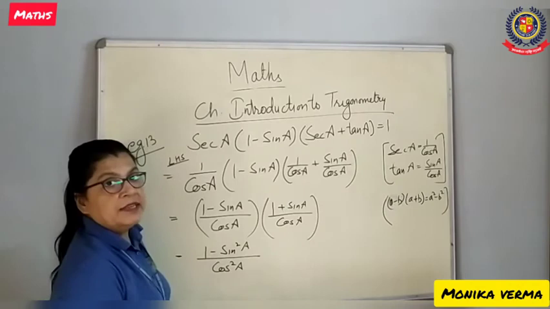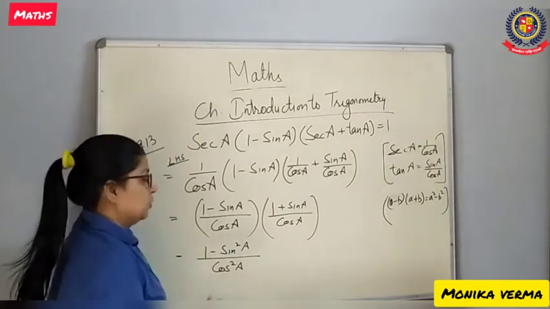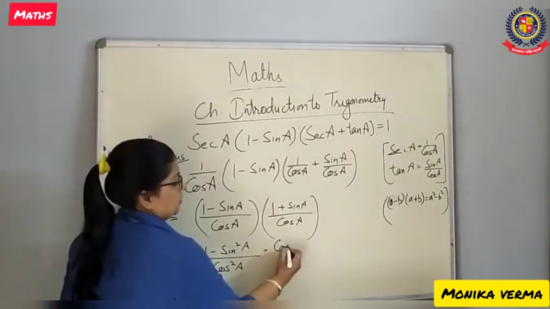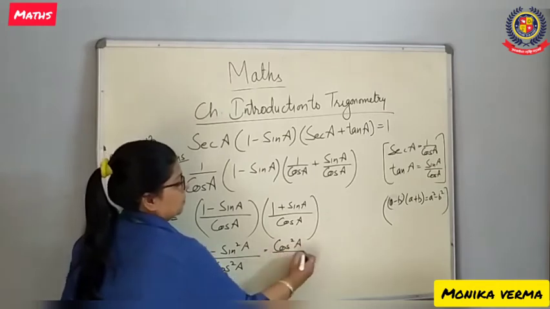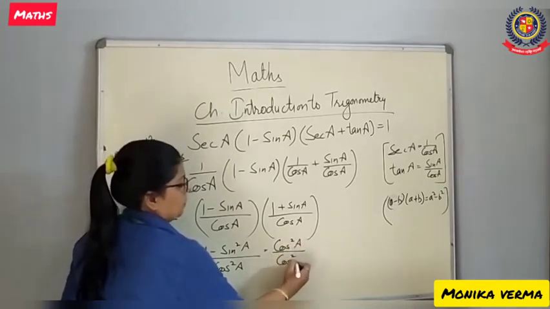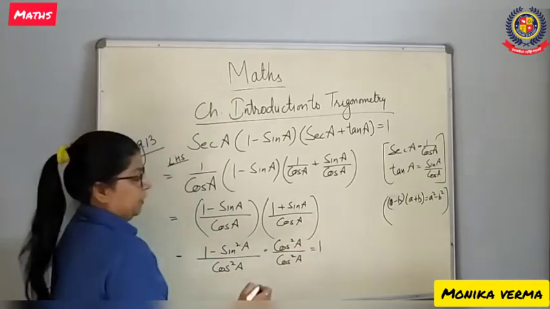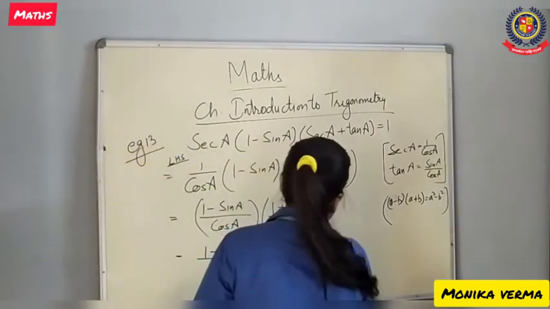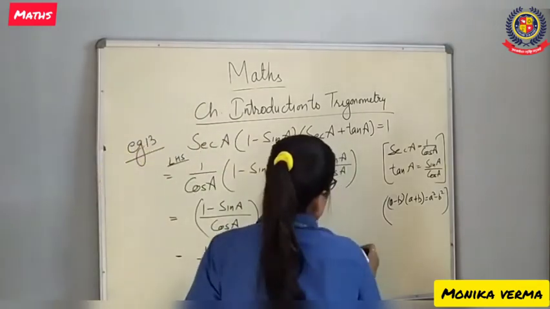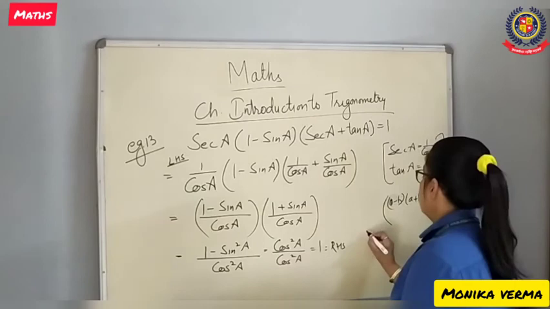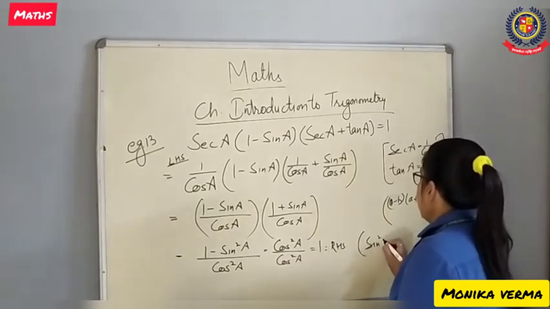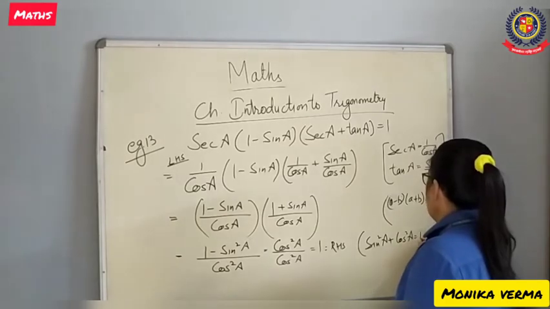Now 1 minus sin square A is equal to cos square A, so it is 1, which is equal to RHS. And which identity have we used? Sin square A plus cos square A is equal to 1.